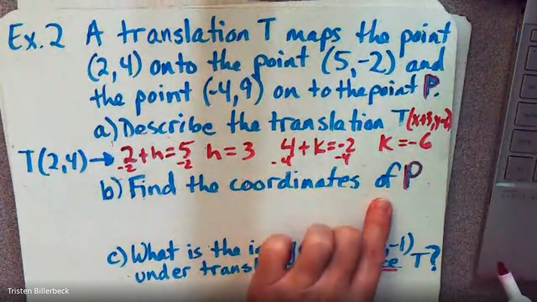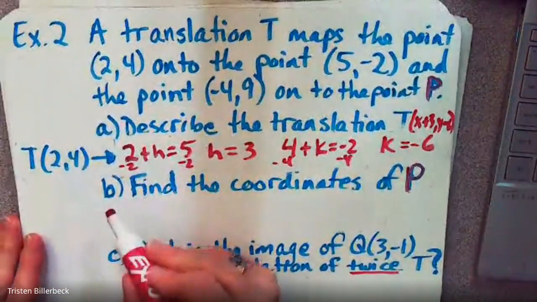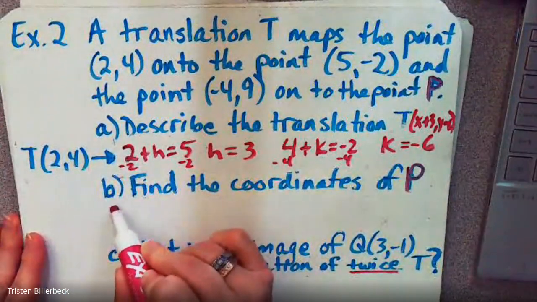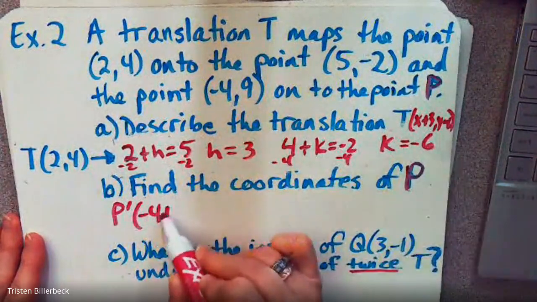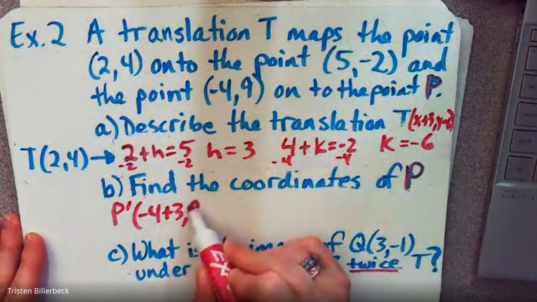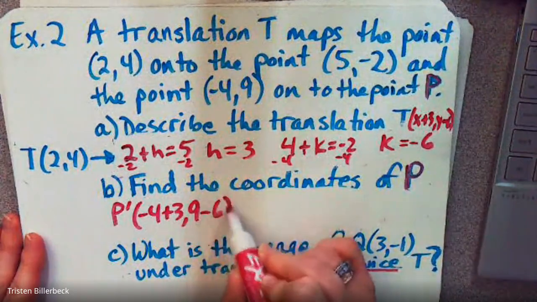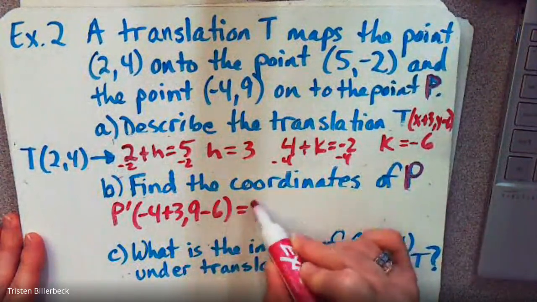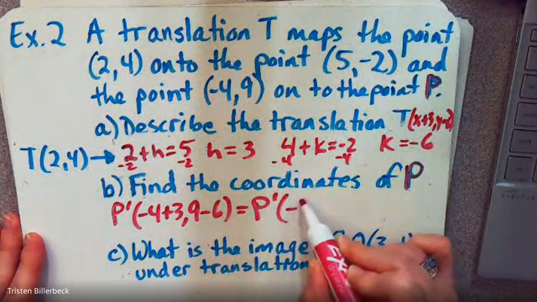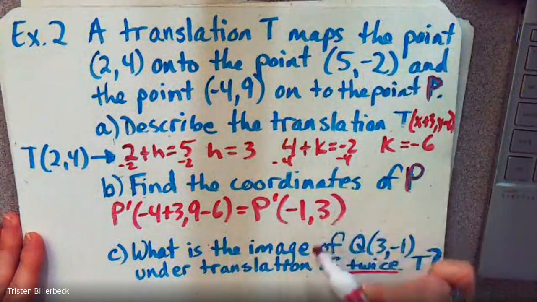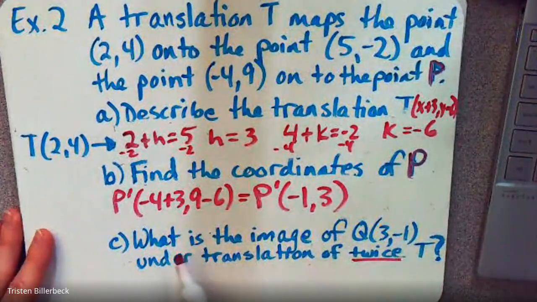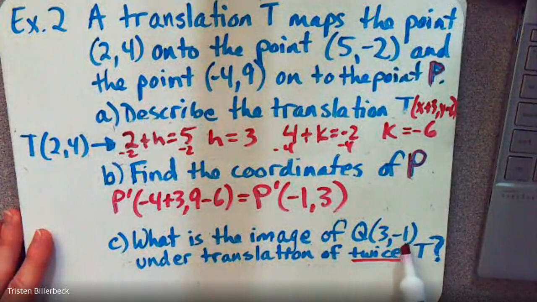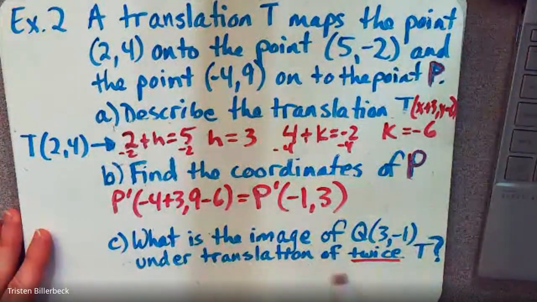So if we want to find the coordinates of P, we're given (-4, 9), so P prime is going to be -4 plus 3 and 9 minus 6. So our new P prime is going to be (-1, 3). Now, what is the image of Q at (3, -1) under translation twice T?